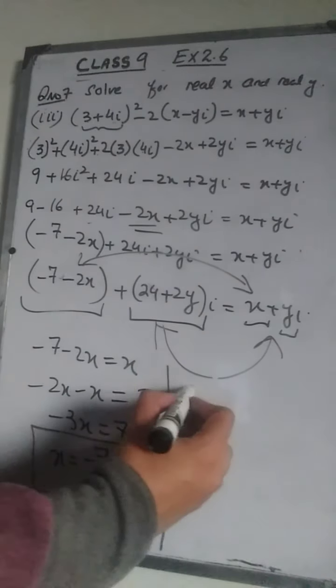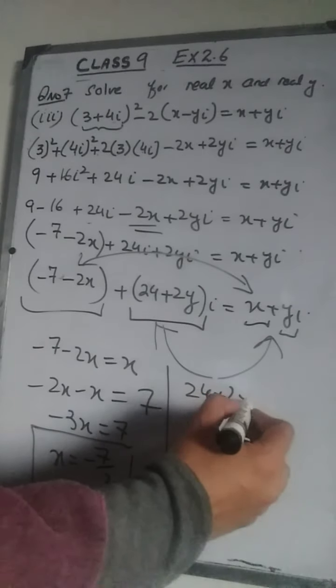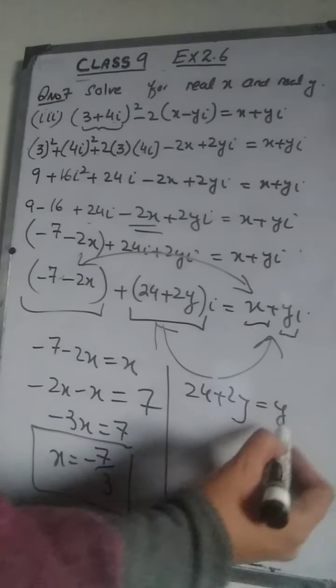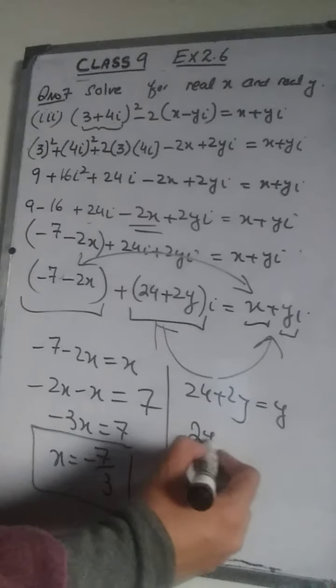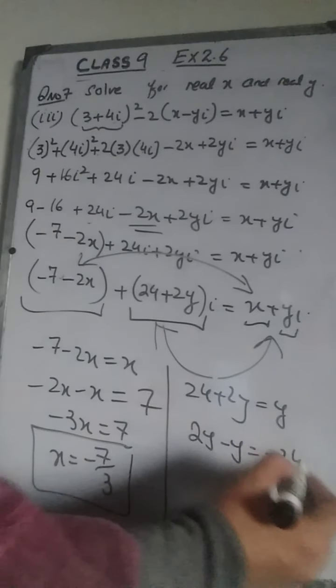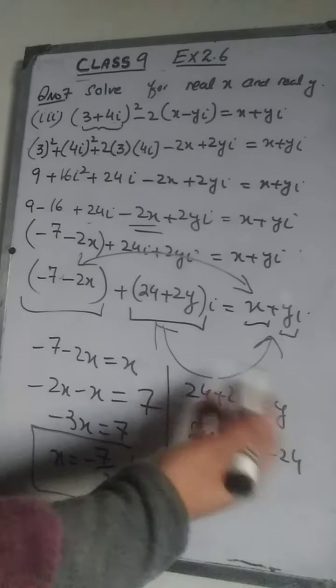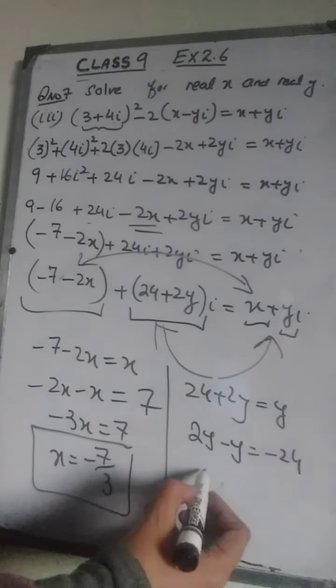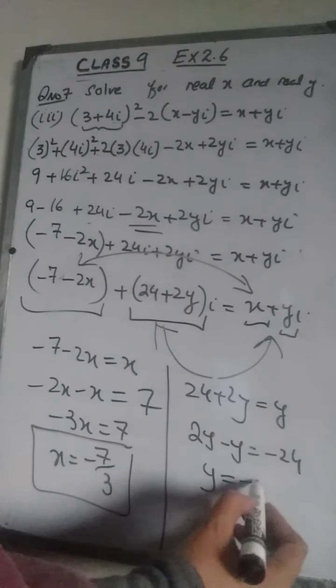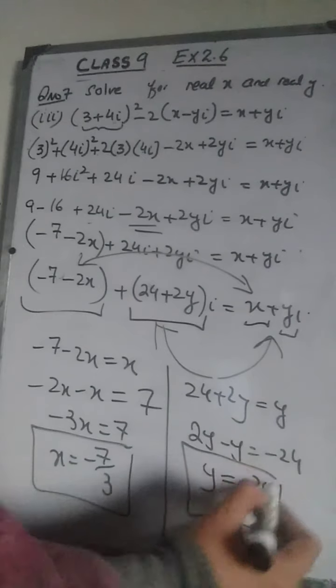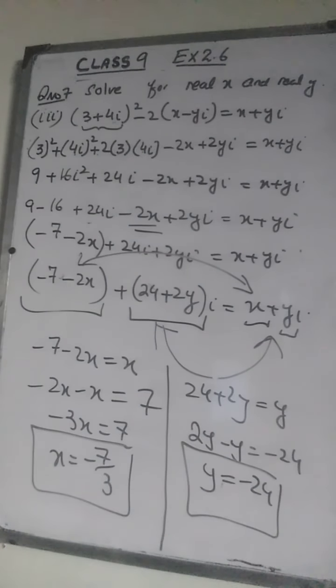Now equating the imaginary parts, again shifting 24 to the right hand side and y to the left hand side, this will be y is equal to negative 24. So the values of x and y are negative 7 by 3 and negative 24. This is how you solve this equation. So this completes exercise 2.6.